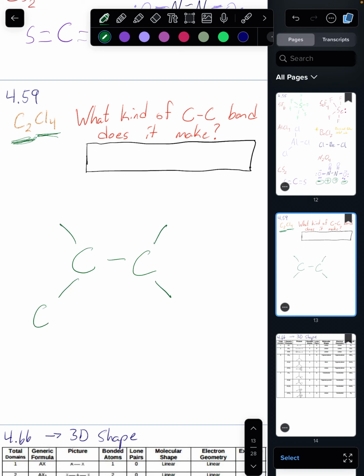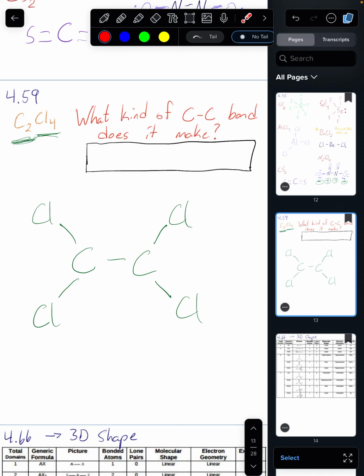So you get this kind of a shape. Okay. And that helps keeping these carbons happy, or at least. And these chlorines are very happy.